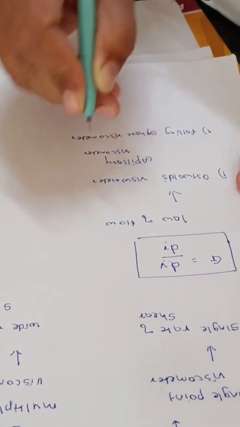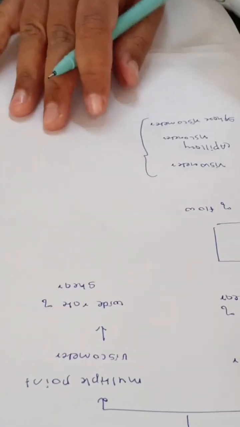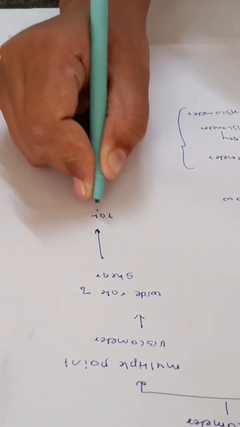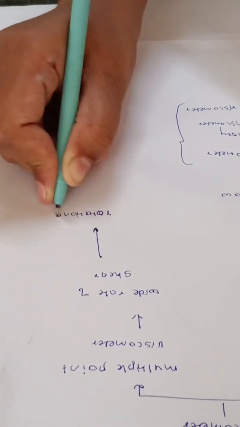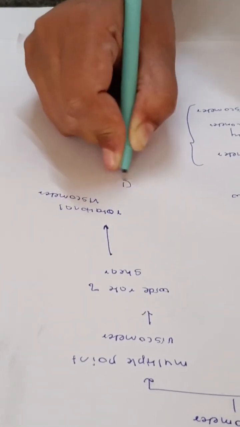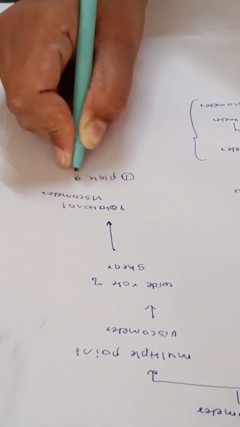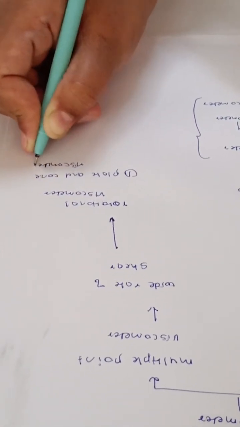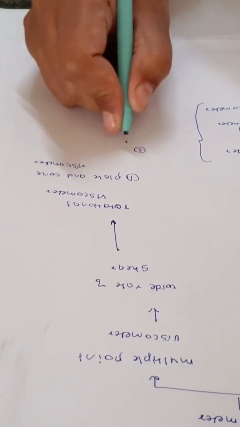These operate at the single rate of shear. And multiple point viscometers are the rotational viscometers. Rotational viscometers examples are plate and cone viscometer and cup and bob viscometer.